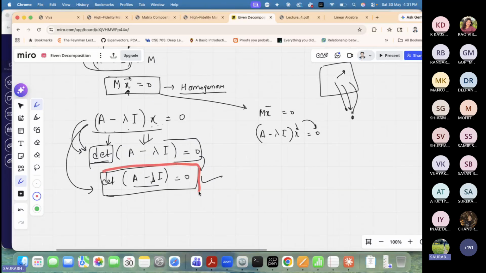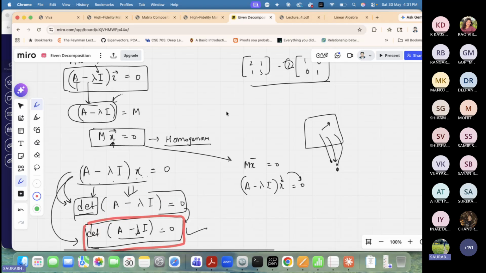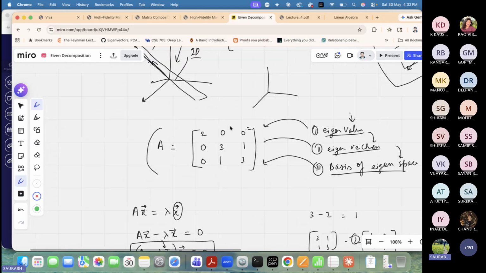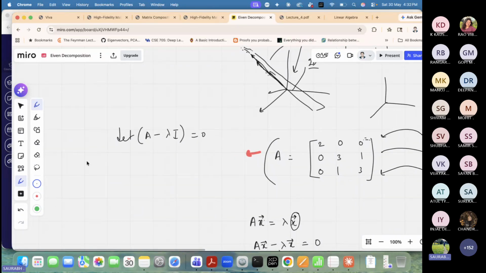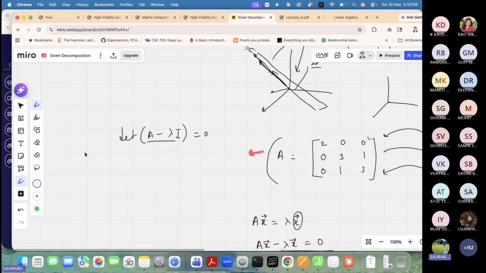Now we will feed this idea to solving the question that we had. Okay, let's solve this. I had written determinant of A minus lambda I equals 0. So we will first constitute A minus lambda I. We have 2 0 0, 0 3 1, 0 1 3.